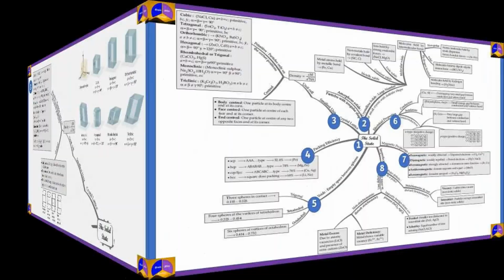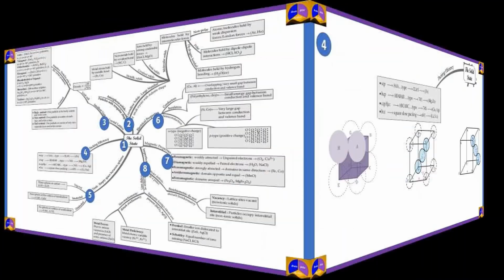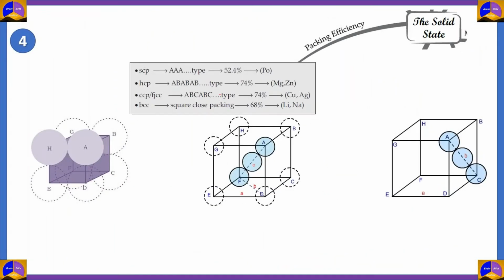So that was an overview about the crystal lattice and the unit cell. We also learned about the density of a unit cell. Next, let's look at packing efficiency. In solids, we have close packing of constituent particles.